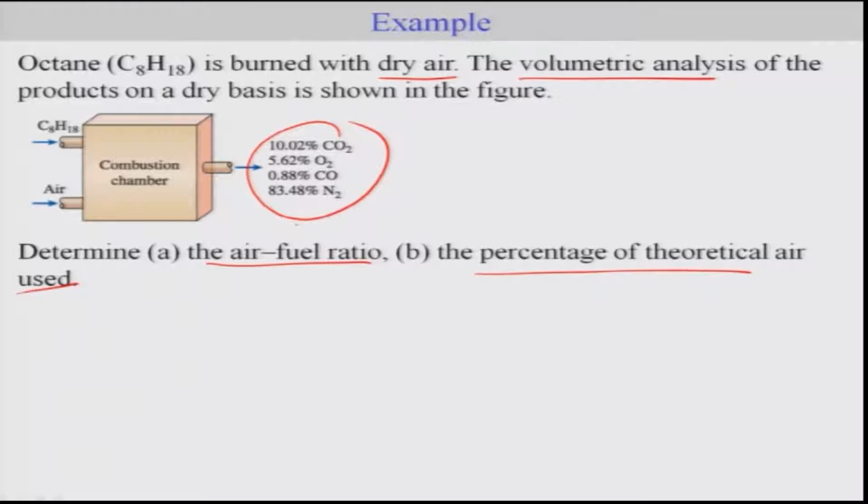We should also assume that there is water, because as we know the hydrogen will burn completely, leading to water in the product.